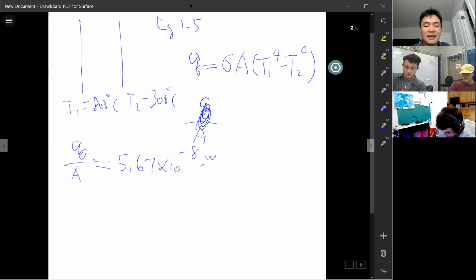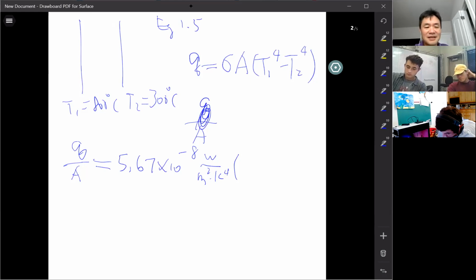Then temperature. Again, don't put 800 here. Don't put 300 here. It gives you 800 Celsius. What is Kelvin for 800 Celsius? 273, right?